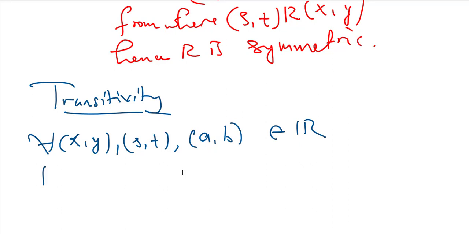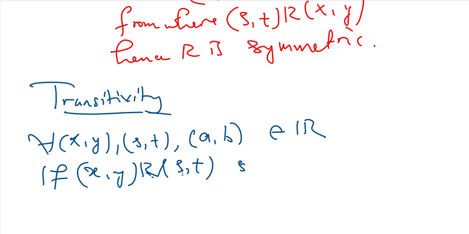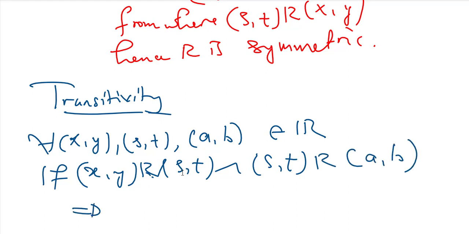If (x, y) is in relation with (s, t) and (s, t) is in relation with (a, b), then (x, y) should be in relation with (a, b).